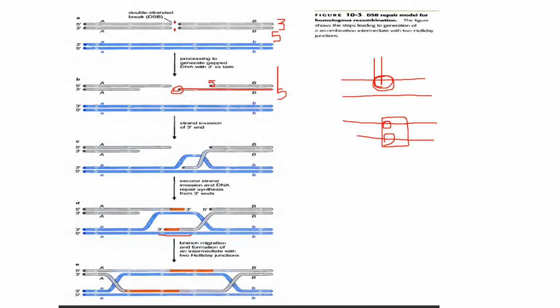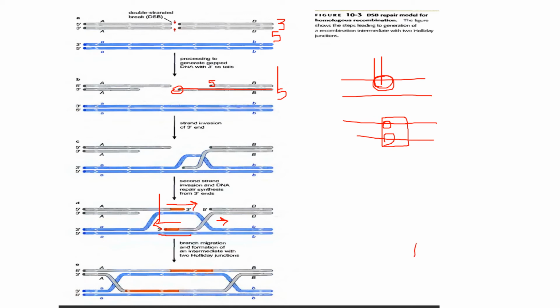And because 3 prime hydroxyl group is available over here as a primer, the synthesis will take place in this direction, whereas synthesis of this strand will take place in this direction. And that results in the branch migration. This branch will get migrated in this direction.